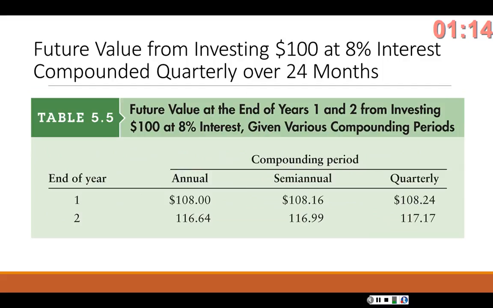So here quarterly, the interest is being added to the principal 4 times per year. And here we see that instead of the future value being $116.99, it is now $117.17. So more frequent compounding is going to cause our money to grow more quickly.